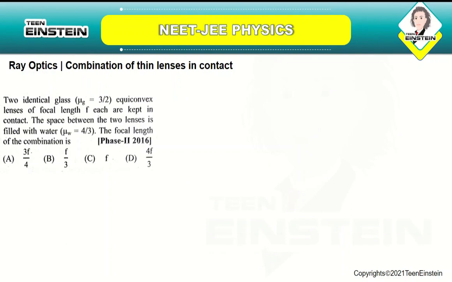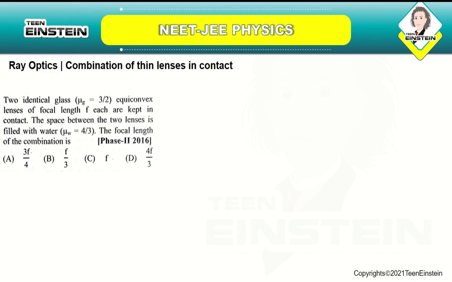Two identical glass, mu g is equal to 3 by 2, equiconvex lenses of focal length f each are kept in contact. The space between the two lenses is filled with water, mu w is equal to 4 by 3. The focal length of the combination is.